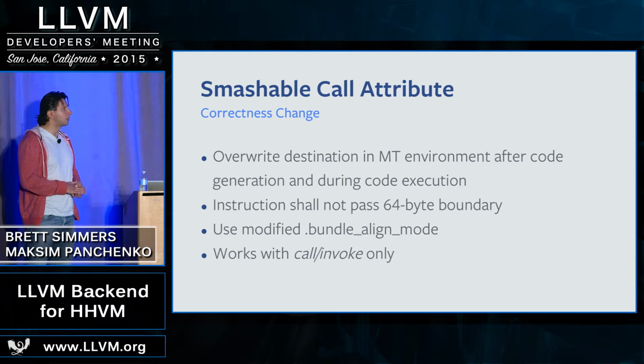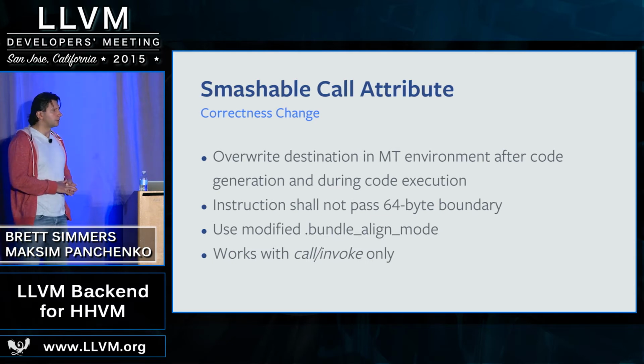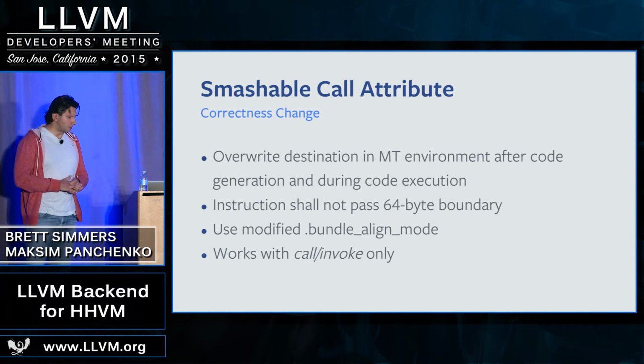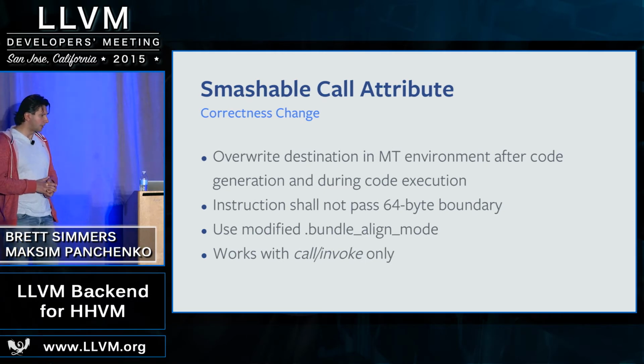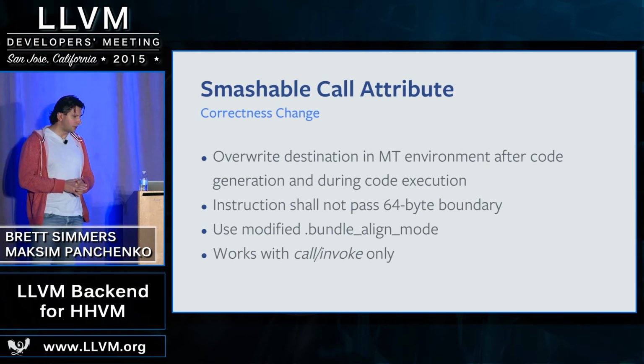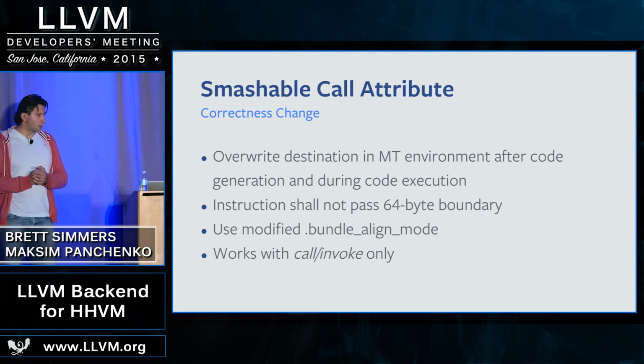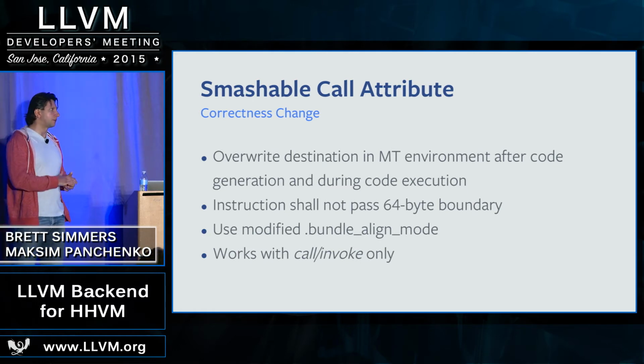It had the notion of bundle lines. At the time, they worked, I think, for the whole module. So it can make all the instructions fit within a certain boundary without crossing it. Didn't work quite well for us because the boundary was 64-byte and we cared about instruction size. So we modified it slightly so we can only set it for one instruction and then turn it off after.